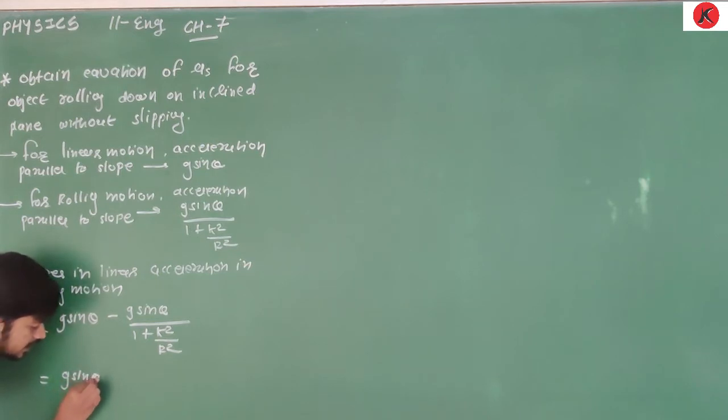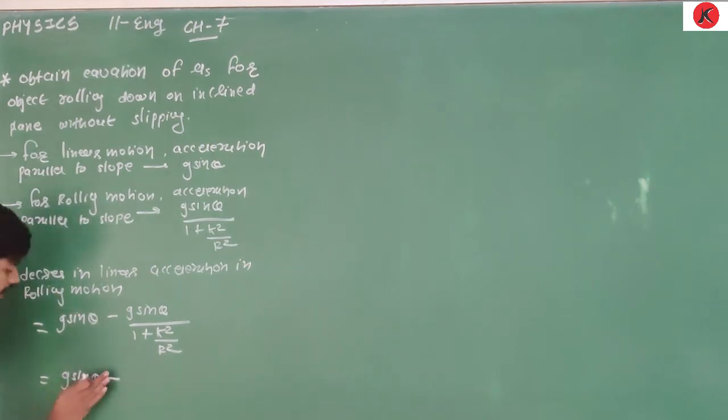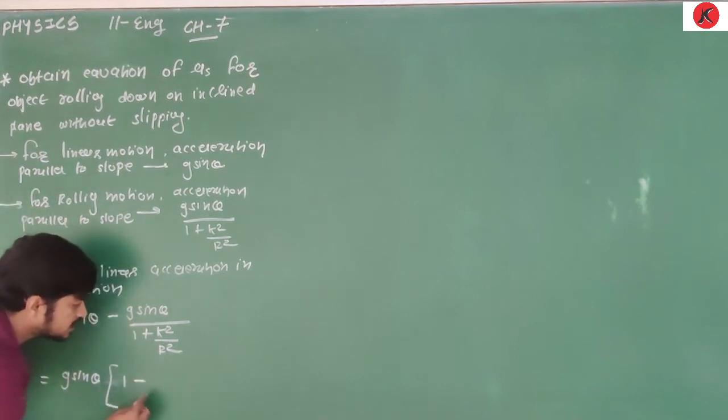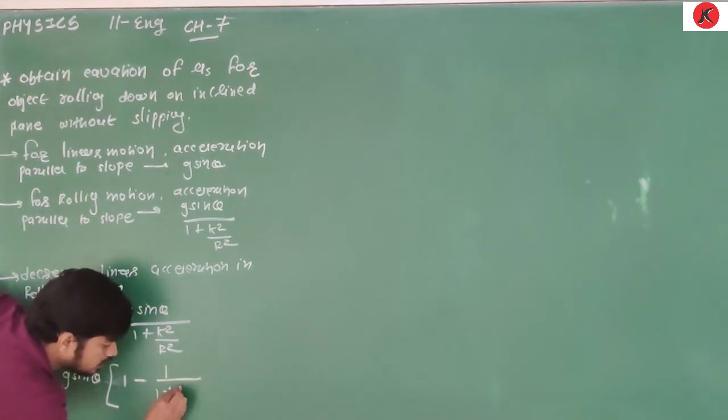Again, how to find the decrease? This minus this. With g sin theta common, it is g sin theta times 1 minus 1 upon 1 plus k square upon r square.